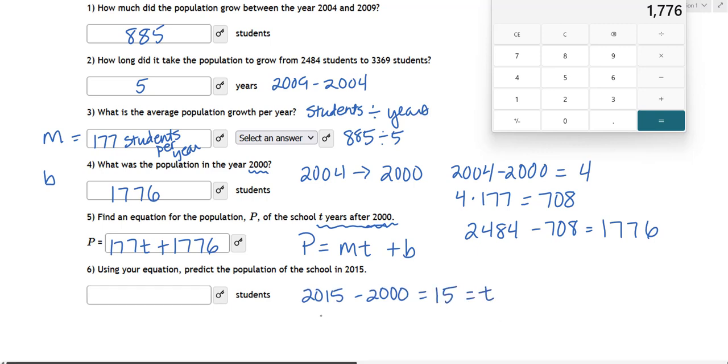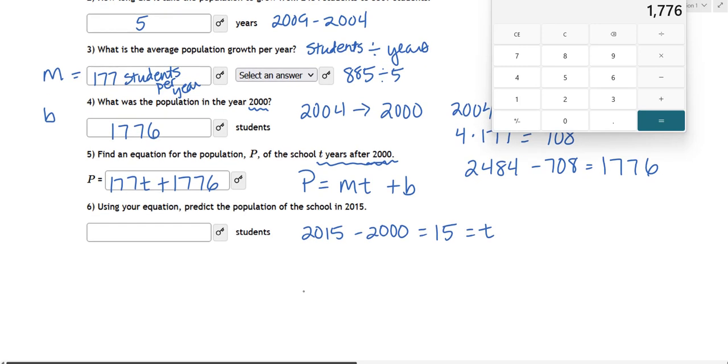Then we plug into that equation in number 5. So 177 times 15, plus 1776.